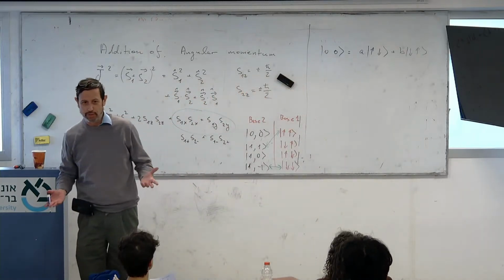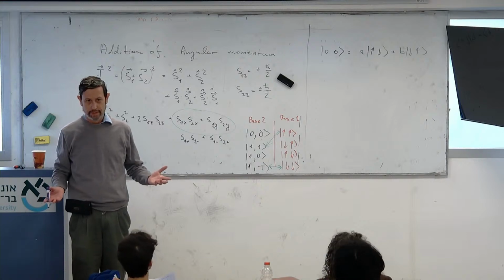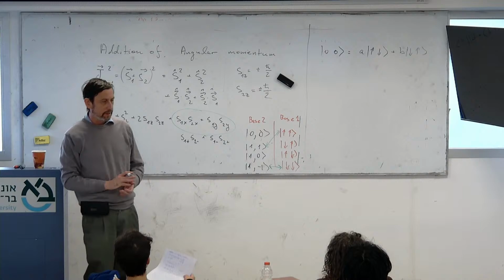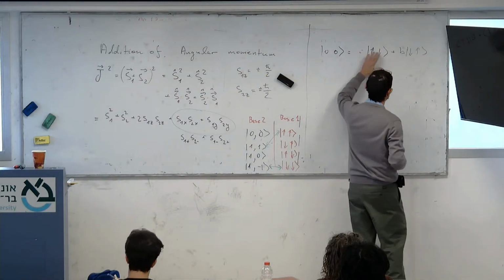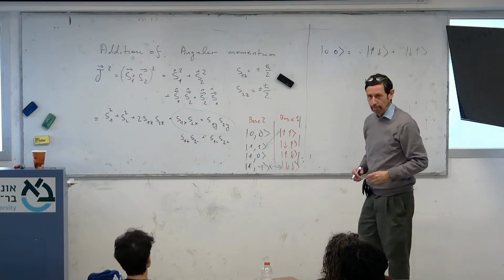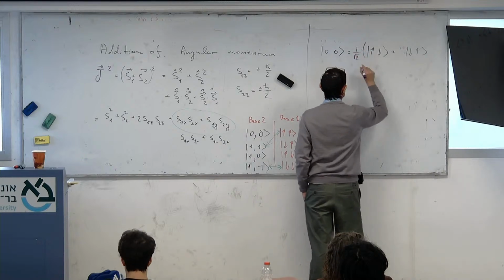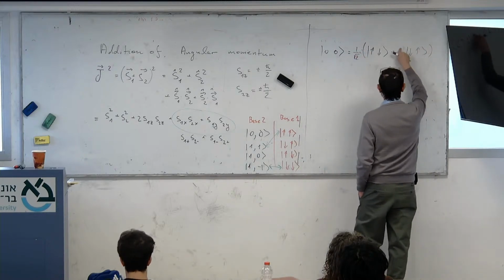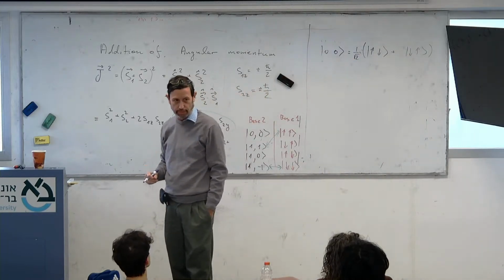This is a solution. I just have to find A and B. But now I'll add a guess and decide that A and B are the same. If they are the same, plus normalization, they have to be 1 over square root of 2.